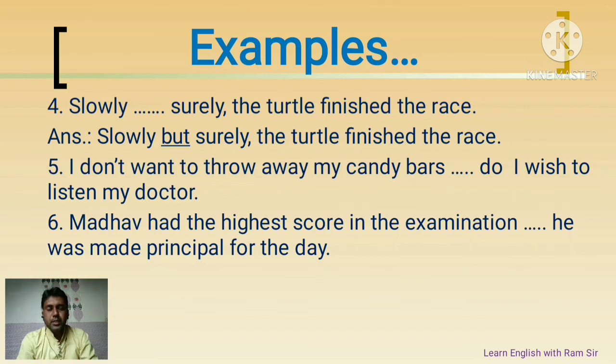Due to the previous action, the next result was possible, because Madhav had the highest score in the examination. Here we have the answer for, Madhav had the highest score in the examination, for he was made principal for the day. Or you can say, so he was made principal for the day. For is not the answer, so is the answer, because this is the result.